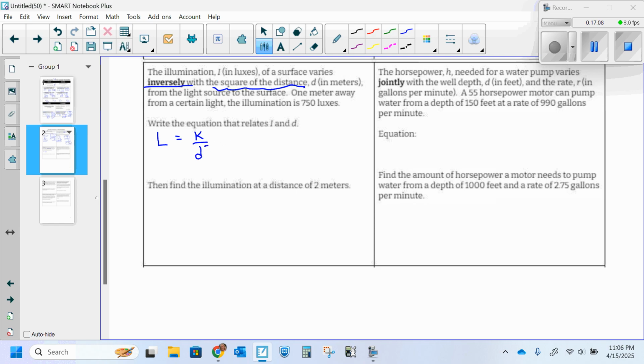So D squared. All right, let's go ahead and find K. One meter away, so that's your distance. The illumination is 750. 1 squared is 1, so K is 750.